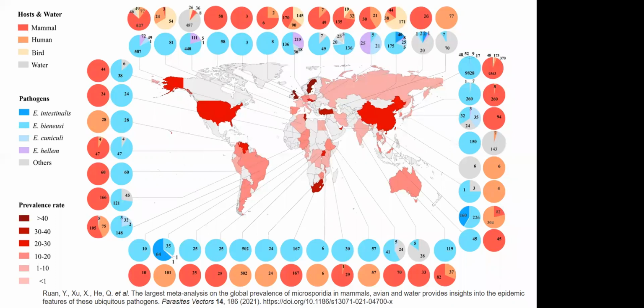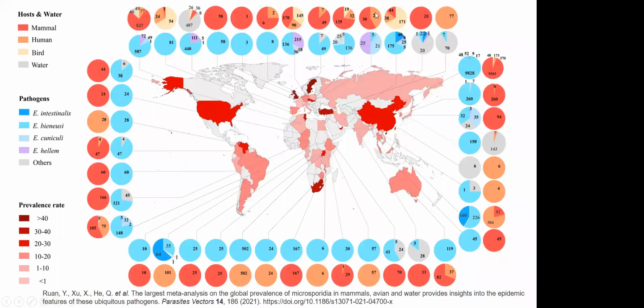And this was a meta-analysis looking at published articles, and the heat map shows areas of higher and lower prevalence as reported in these articles. So this doesn't necessarily reflect the actual geographic prevalence. It's simply the prevalence within the studies that were published from those countries.